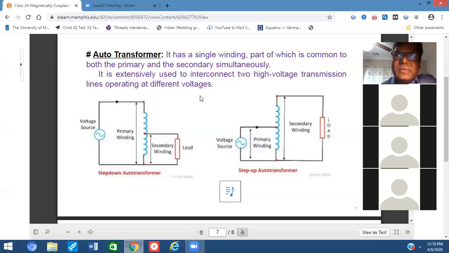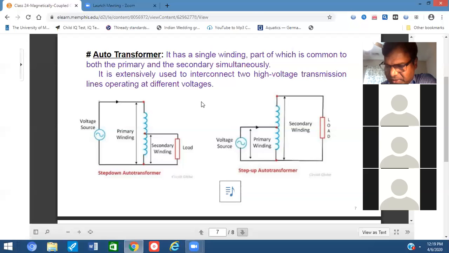That power is 115 kV. Then they step down with the help of this type of transformer to 23 kV. That's why in the MLGW network, our distribution network in Greater Memphis, the first voltage is 23 kV. After that, it is stepped down, and finally we get 120 volt at our home.